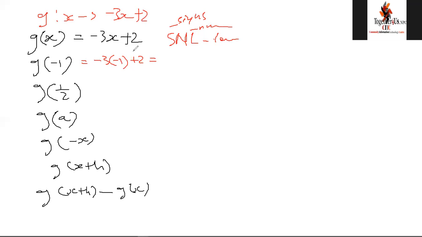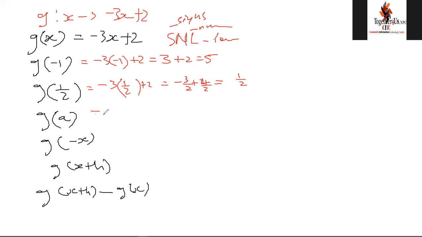So signs positive, because negative times negative is positive. 3 times 1 is 3. There are no letters, so we are done. Plus 2, and so that's 5. g of a half, I'm going to have -3, put in a half, add 2. This is -3/2 plus 2, and you can see that's the same as 4/2, and so the answer here is a half.